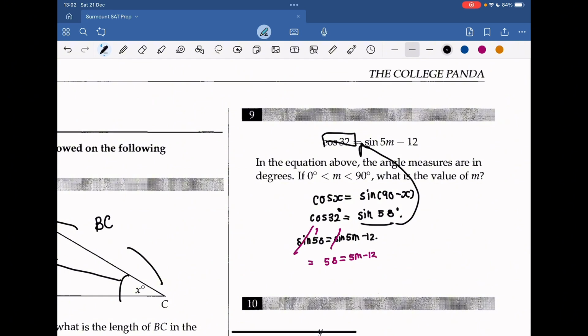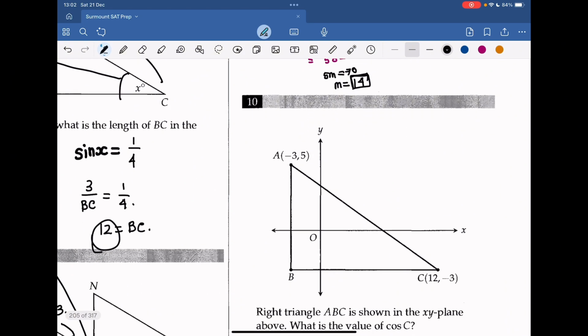Now we can use simple algebra to solve for m. So move the 12 to the other side. We get 5m is equal to 70. And m is equal to 70 divided by 5, which will give us 14. So the answer to this question is 14.